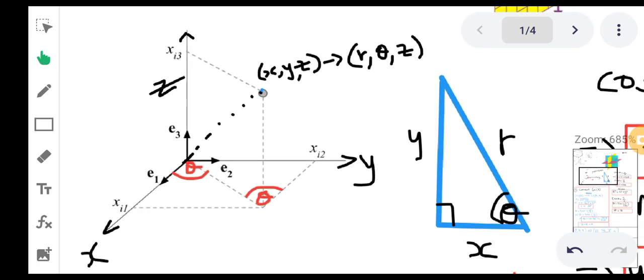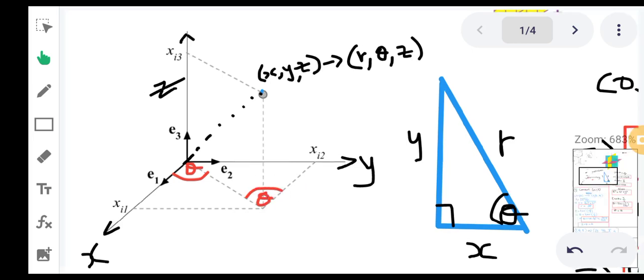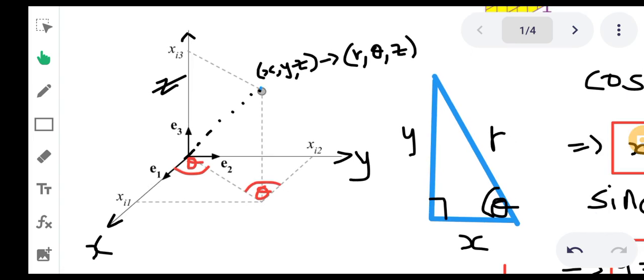From the look of the diagram, we can see that theta is alternating with this angle. So this and this part alternate, which means the angle here is the same as the angle here. With this idea, we can resolve both x and y into the horizontal and vertical components in terms of the angle they make.